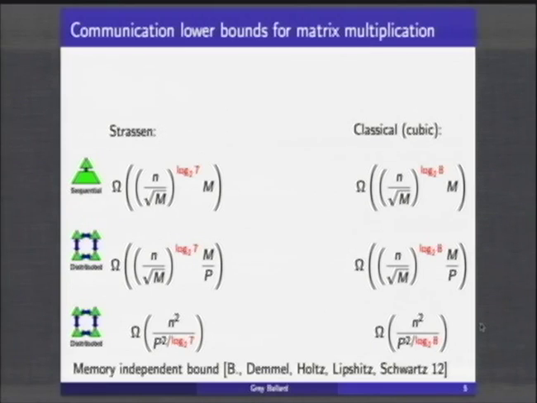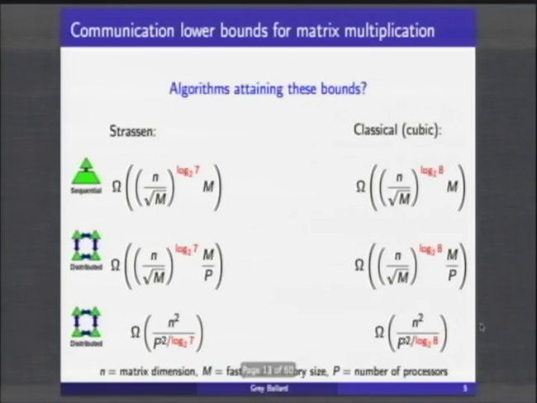So are there algorithms that attain these lower bounds? Do we have optimal algorithms in all cases? The answer is, in many of these cases, yes. These check marks mean there exist optimal algorithms whose communication costs match the lower bounds. The real question that we had: in the sequential case, the natural way to write down the algorithm is great from a communication perspective.